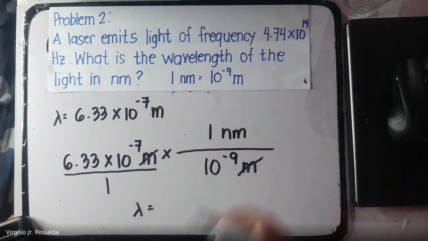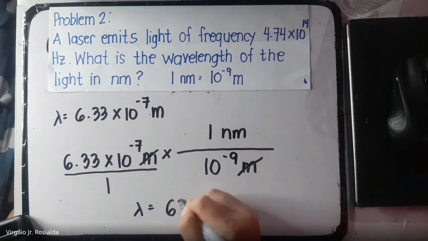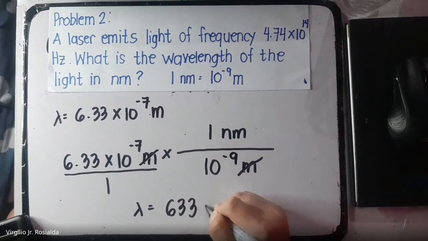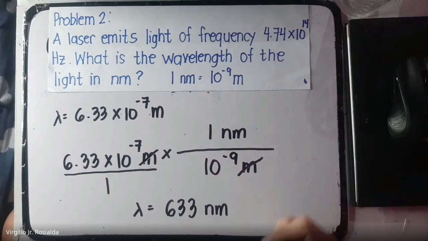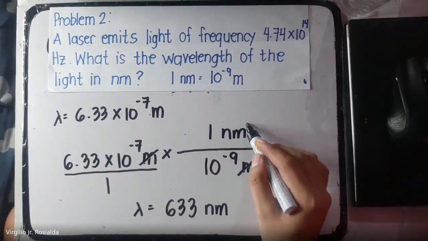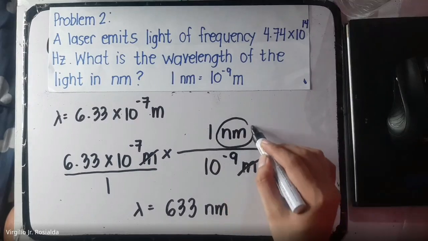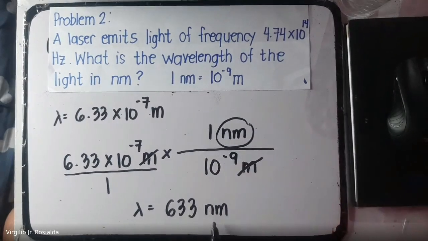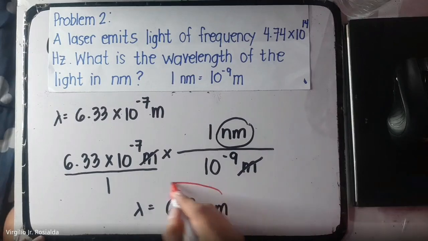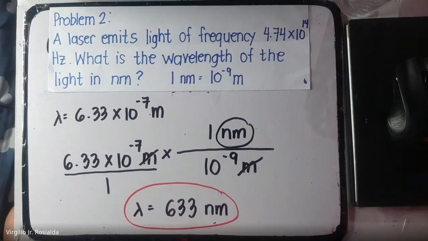So the answer is 633 nanometer. So this is now the final answer. Since ang natira na lang na unit ay nm, yun ay ibababa mo ngayon. That's why the final answer now is 633 nanometer. Okay? So ayan ang answer sa problem number 1 natin.